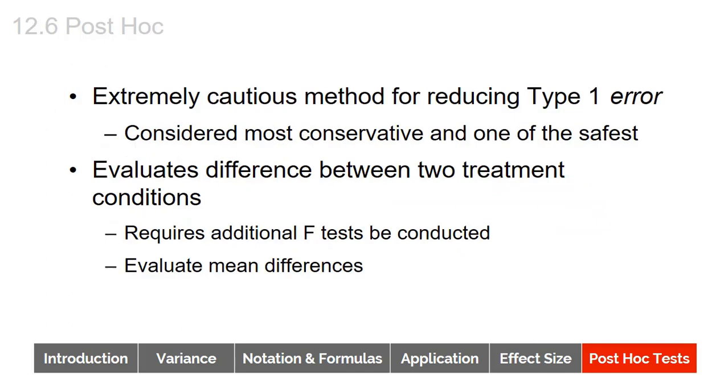So we don't always have sample sizes that are the same. And so sometimes we use the Scheffé test. The Scheffé test is an extremely cautious method for reducing type 1 error. It's considered the most conservative and one of the safest tests. It evaluates differences between two treatment conditions, but it does so in a different way than Tukey's HSD. Basically, it requires a bunch of additional F tests to be conducted, and in doing so, it evaluates the mean differences.